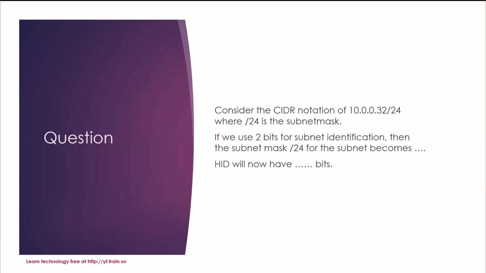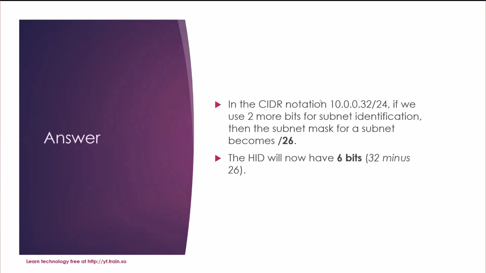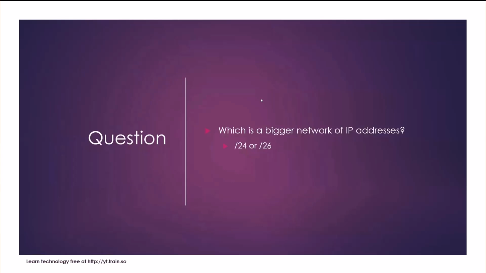So 24 plus 2 is 26, right? So now HID will have how many bits? 6. Okay, so the subnet mask for the subnet becomes /26, and HID will now have 6 bits. 32 minus 26. Very straightforward, right?